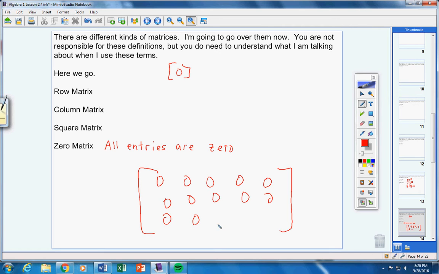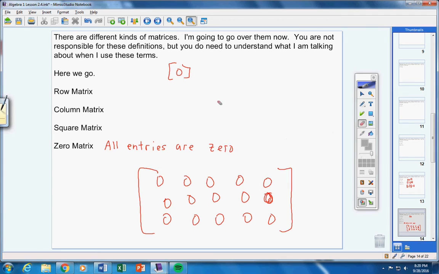There cannot be one exception. As long as all the entries are 0, then you have a zero matrix. Doesn't matter if it's a square matrix, a row matrix, a column matrix, none of that matters. The only thing that matters for a zero matrix is that every entry or every element is a 0.